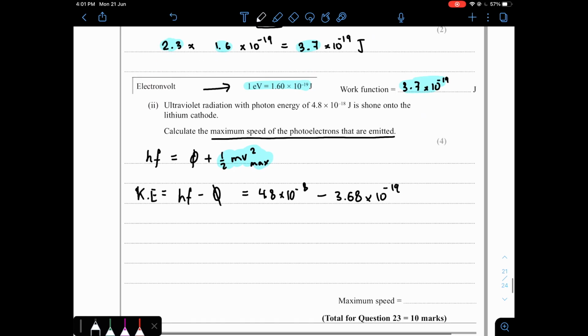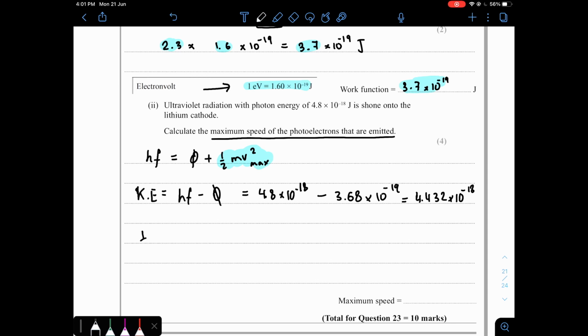So that is 4.8 times 10 to the power of minus 18 take away 3.68 times 10 to the power of minus 19, which is 4.432 times 10 to the power of minus 18. That's the kinetic energy.